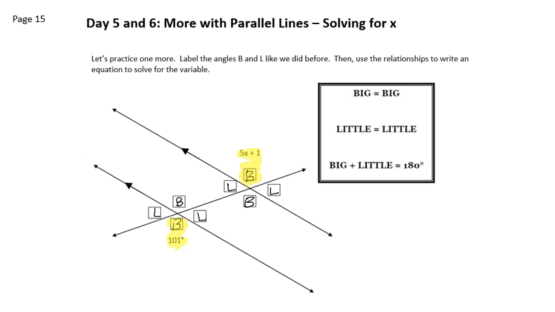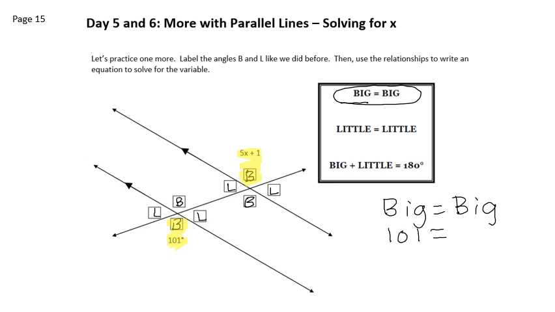I know that both of these pieces of information are B's, which is very helpful because then I know that when I set my equation up, I can set the big equal to the big. One of my bigs is a 101.